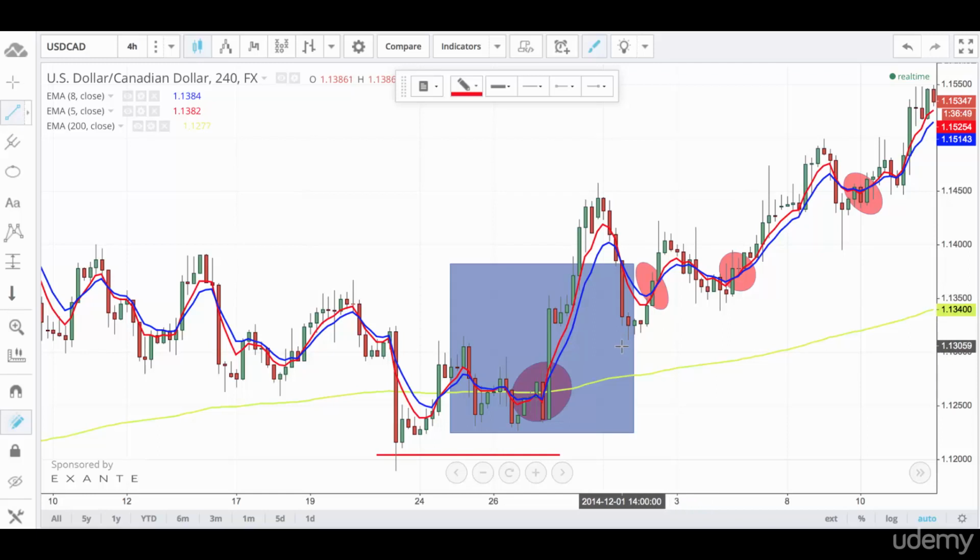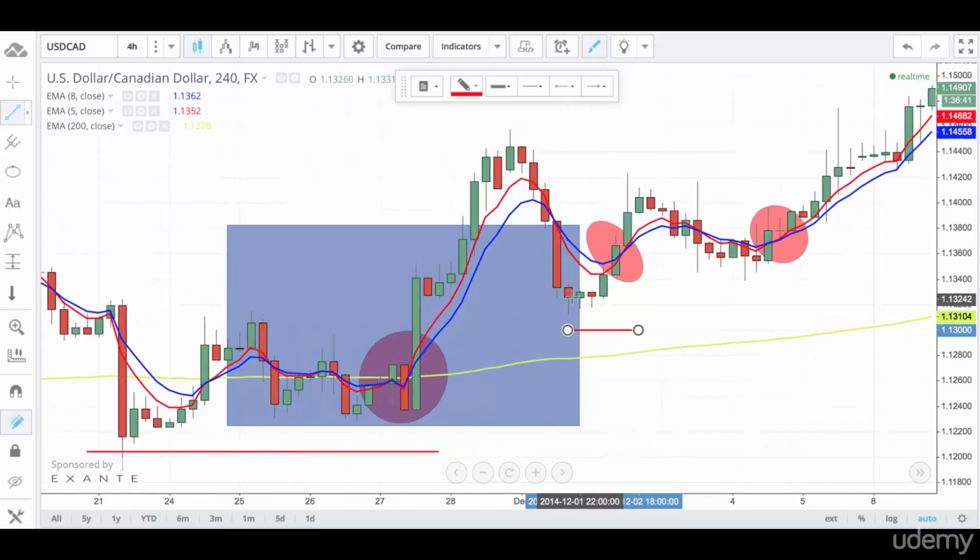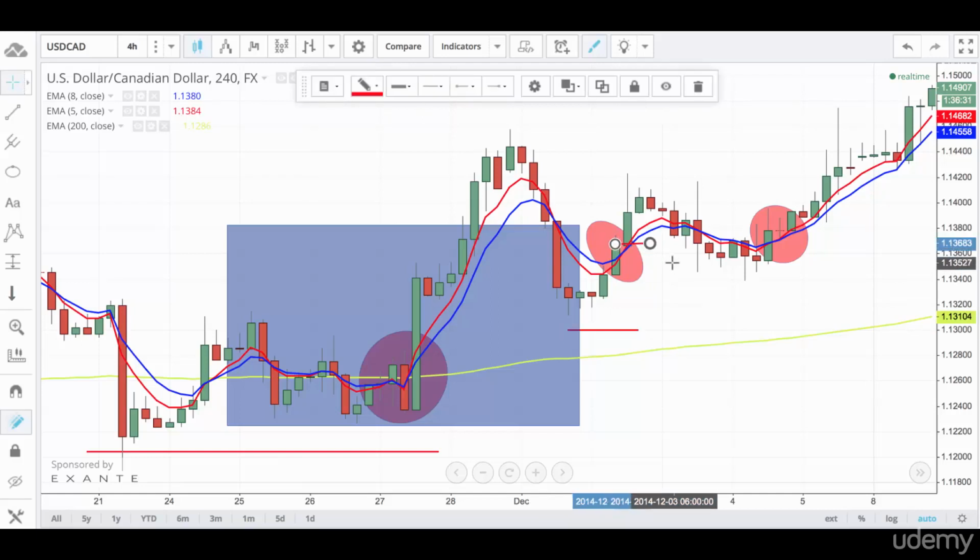So my stop would be placed around 10 points below the nearest swing low, which is this little hammer here, and then the entry point is on the close of the 4-hour candle, which is here when we have the bullish crossover.